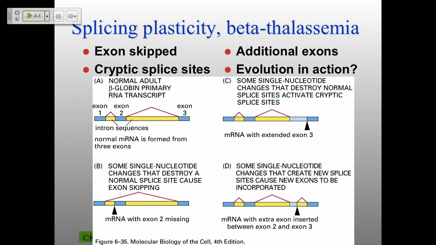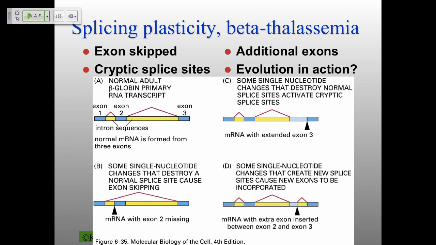All 3 of these are actually quite well-known changes in globin that you see in beta-thalassemia patients. And a lot of the times when we have single nucleotide changes which lead to some kind of disease, it's almost always in a splicing change. Because splicing has so few nice consensus sequences, you can splice all over the place.